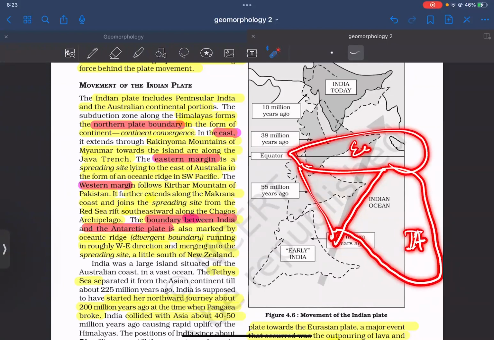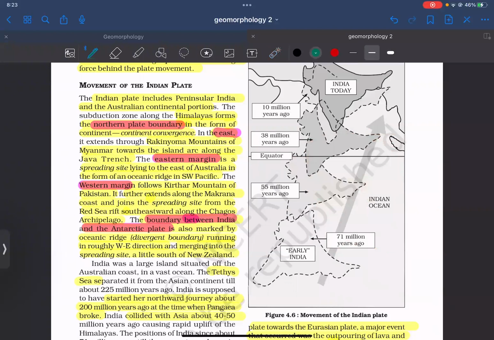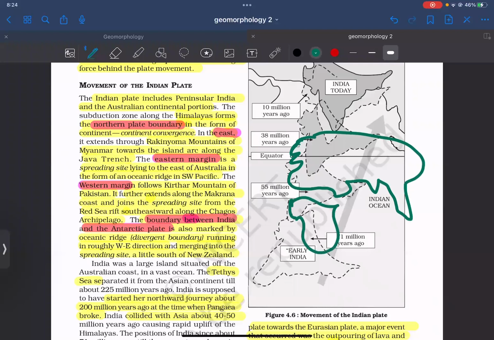So how is the boundary formed? The northern boundary is formed by the Himalayas, right? The eastern part extends from the Rakhine Yoma mountains of Myanmar. One second, let me draw it. So the boundary looks like this.